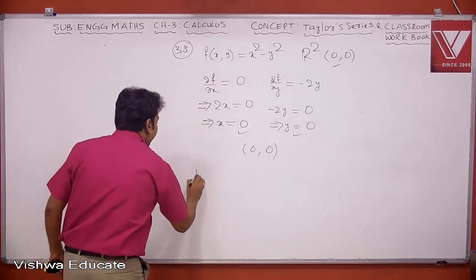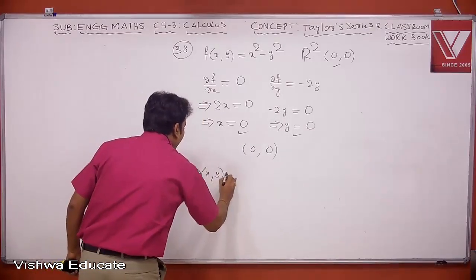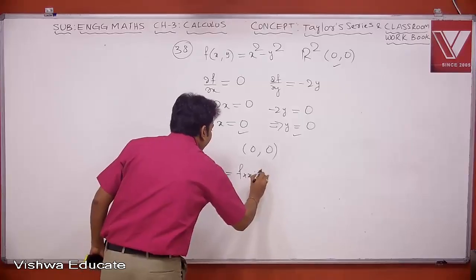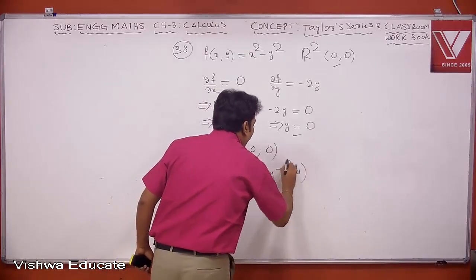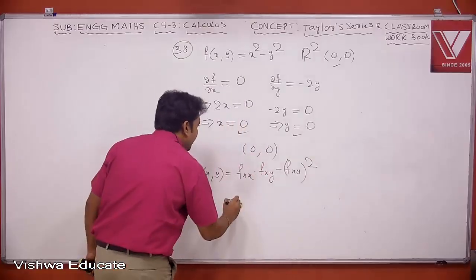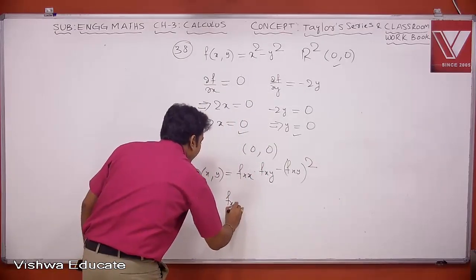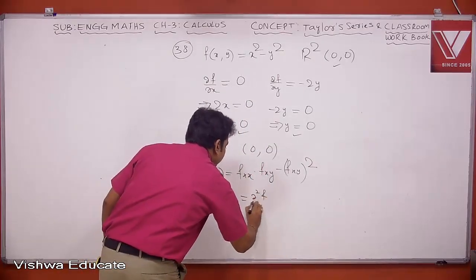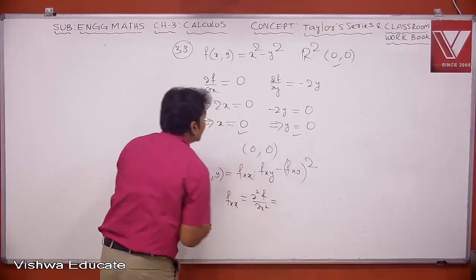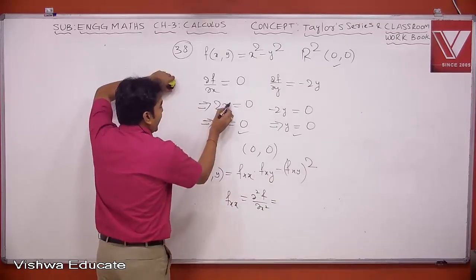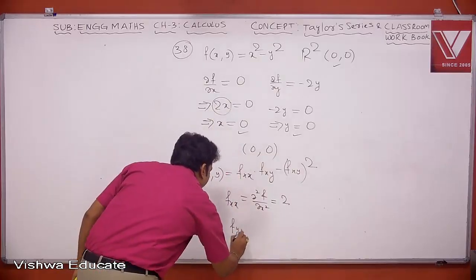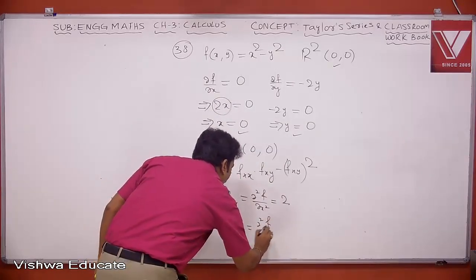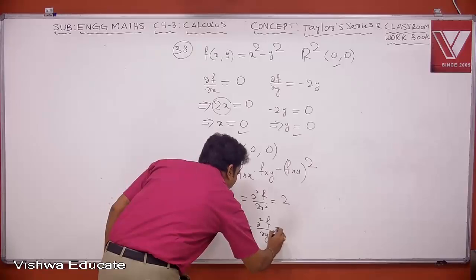Now we need to calculate the D value. D(x, y) equals fxx into fyy minus fxy whole square. So what is fxx? ∂²f/∂x². Differentiate this again with respect to x. This becomes 2. fyy is ∂²f/∂y².